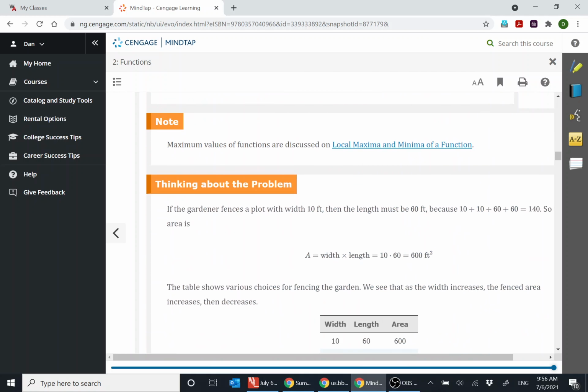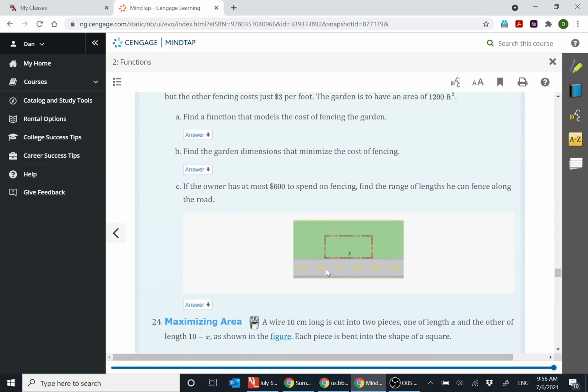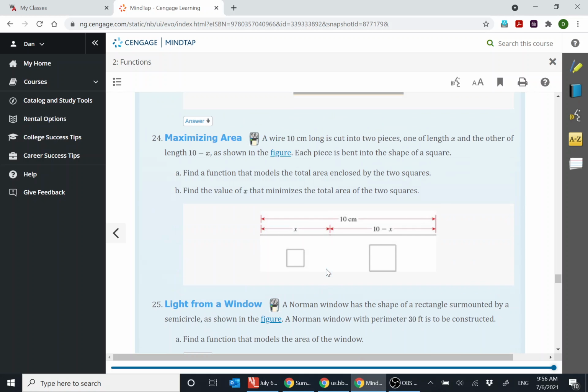Right, so here's that stuff that we've been talking about, and the problem to hand in is over here, number 24. Actually, you know what? I'm just going to copy it and stick it right here.